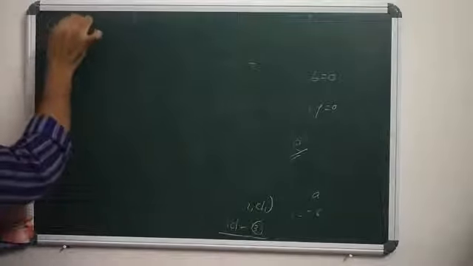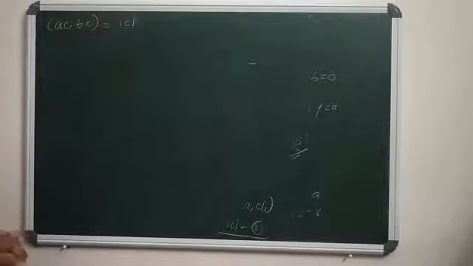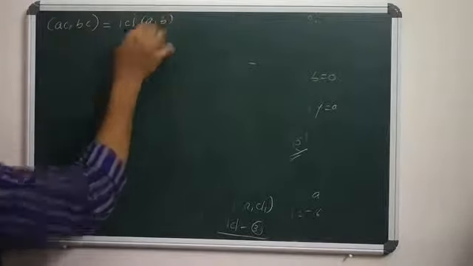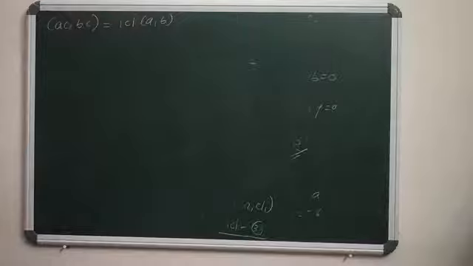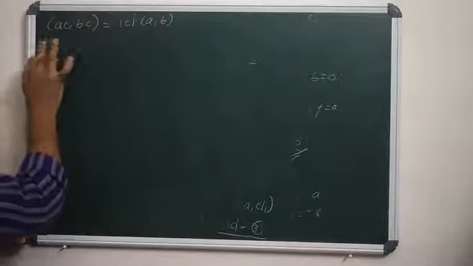GCD of AC and BC equals mod C into GCD of A and B. This property is called the distributive property. GCD of AC and BC is mod C into GCD of A and B. How? So far, its proof.